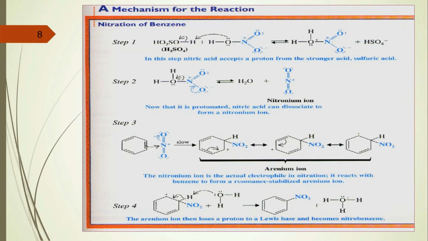I don't think I need to show you the energy profile that I showed you yesterday for the electrophilic halogenation reaction, because the same kind of energy profile diagram can be drawn for this as well.